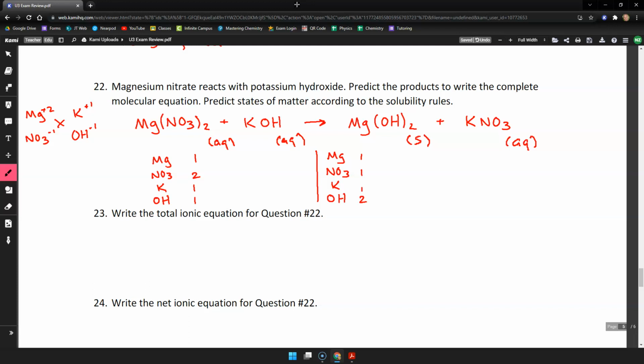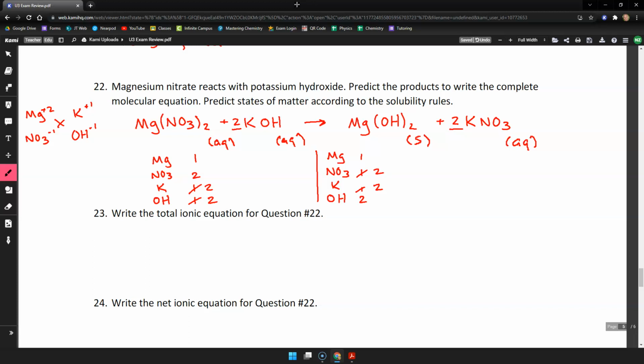All right, so let's see, we need to balance our hydroxide. So let's put a 2 here. 2 times 1 makes this 2. 2 times 1 makes this 2. Okay, so I balanced out the hydroxides, potassium, and nitrate, not so much. So let's see, if I put a 2 here, 2 times 1 is 2, 2 times 1 is 2. Balanced.